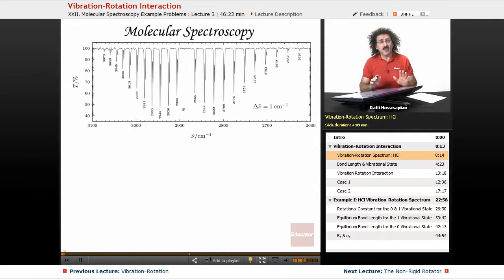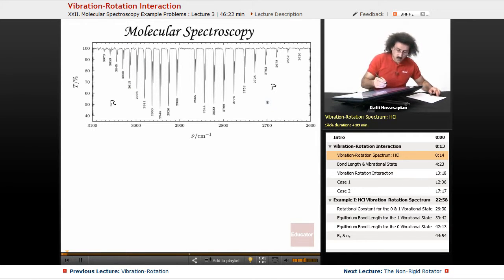The thing you want to remember though is the R branch is the one where the frequencies are increasing. The P branch is the one where the frequencies are decreasing. So R isn't left-right. In this case, the frequency is increasing this way, so the R branch is over here. And this is a decreasing frequency, so the P branch is over here.